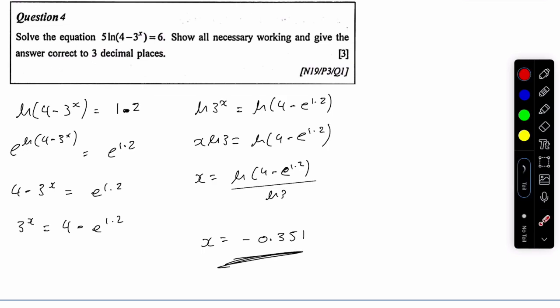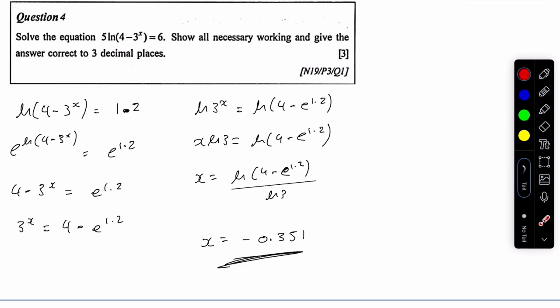Okay, so just a recap of that. Very standard, simple type question. All we've done here is we've said, look, we need to solve this equation, show all necessary working and give the answer correct to 3 decimal places.